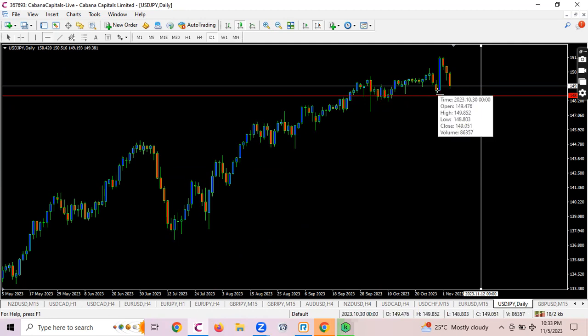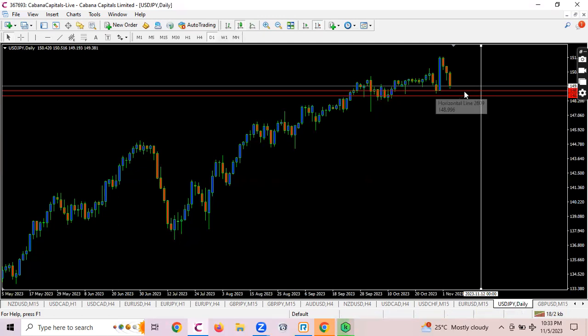This is last week's support on the daily time frame. So if 4 hour closes below this support, this is your demand zone. If a candle closes below this demand zone, you might want to consider buying. Sorry, sell. That will be selling if a 4 hour candle closes below this support level.